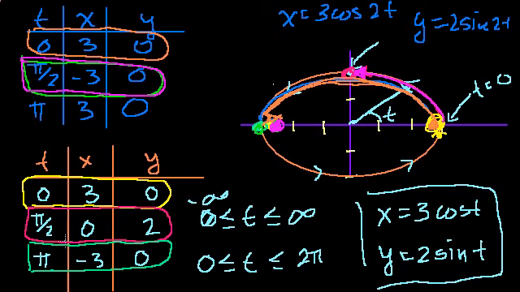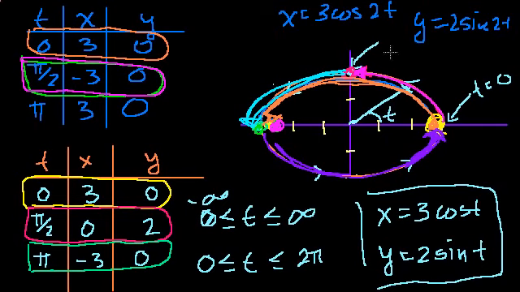And likewise, when we went from t equals pi over 2 to t equals pi with this set of parametric equations, we went another quarter of the ellipse. We went from there to there. But here, when we go from t equals pi over 2 to t equals pi, we go all this way. We go back to the beginning part of our ellipse.